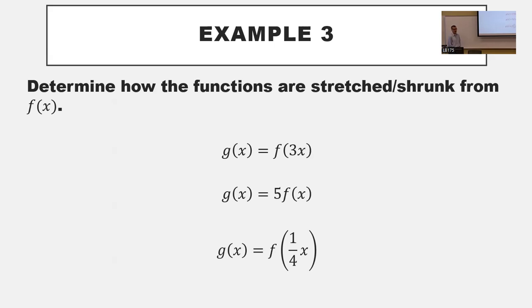It's going to multiply all of the x values by a third, basically. All of my old x values are going to get changed by multiplying by a third. So that's a horizontal shrink of 3.